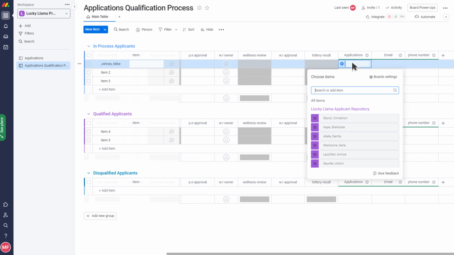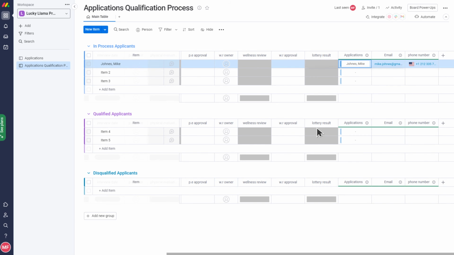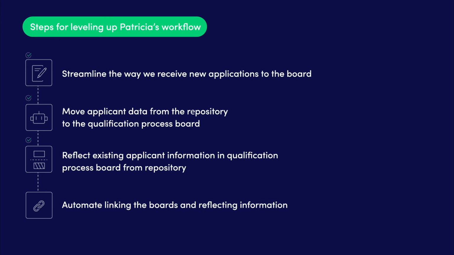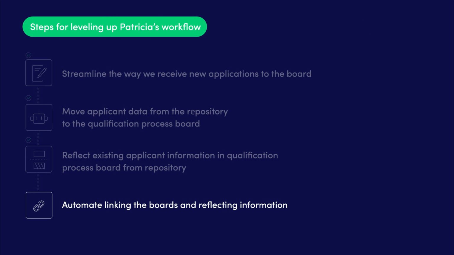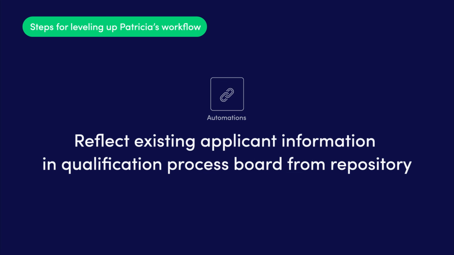Now that we've set up the connection, we can link the applicant on the qualification process board to the applicant on the repository board. Can I automate this part as well? Sure. Now that we have demonstrated how to connect boards and mirror data, we'll move on to the final step.